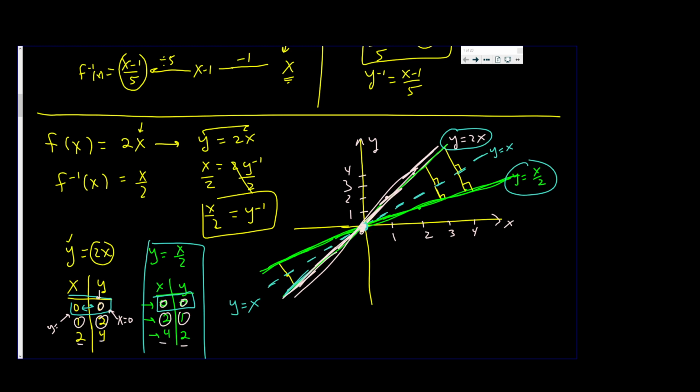So here's a good exercise to show that. Suppose you come to know that f of x contains the points, say, 0, 2, negative 3, 1, and 1, 3.